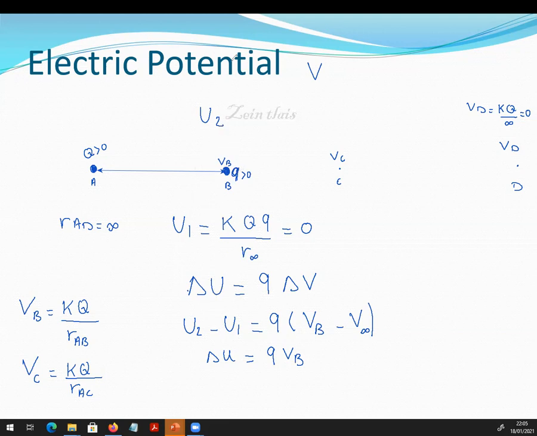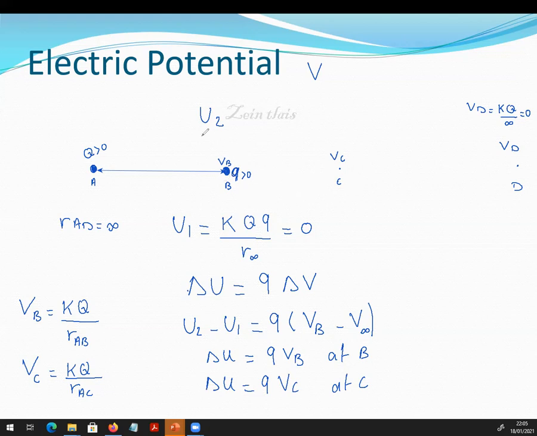If I put this charge at C, and this one at B, if I put it at C, we will get delta U equals q times VC. It's the same at any point you want. So we will get q times the existing electric potential.